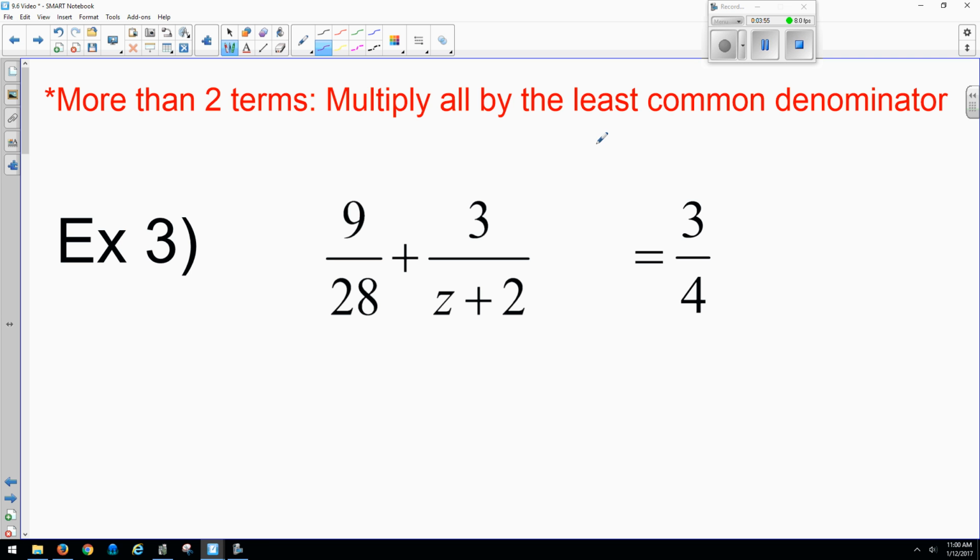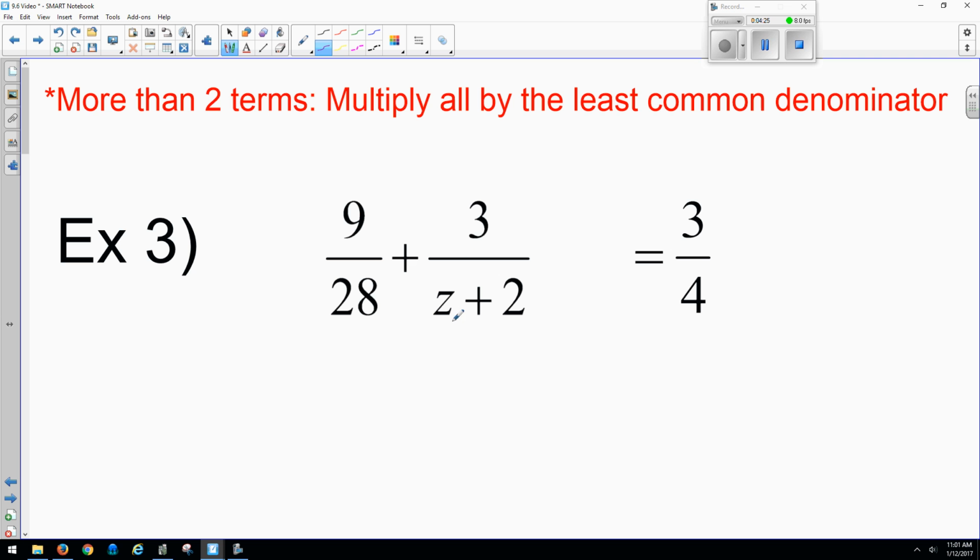I need to examine the 3 denominators here. As you can see, I have 28, z plus 2, and 4. So 4 goes into 28. That's a good thing. I'm going to be multiplying every single term by the least common denominator. I would have to multiply this by 7 to get the 28.